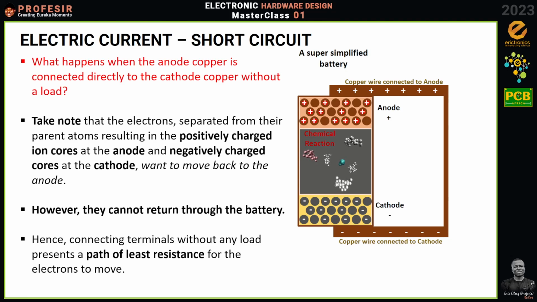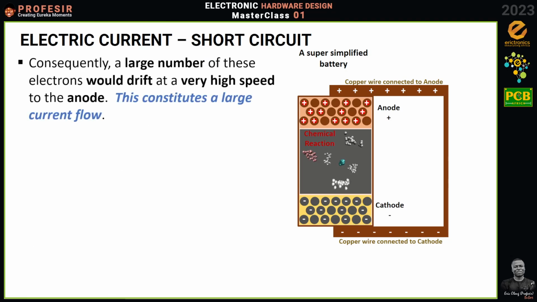A path that the electrons can travel without encountering much resistance. That means the electrons are going to move at a very high speed and something else is going to happen. When this happens, a very large amount of these electrons are going to drift because there is nothing in there to oppose them.